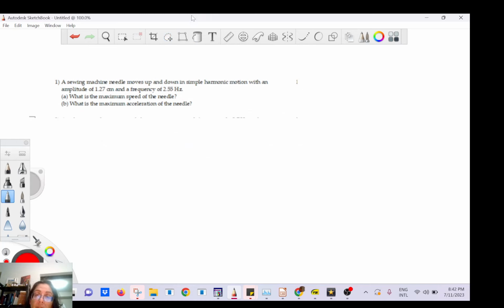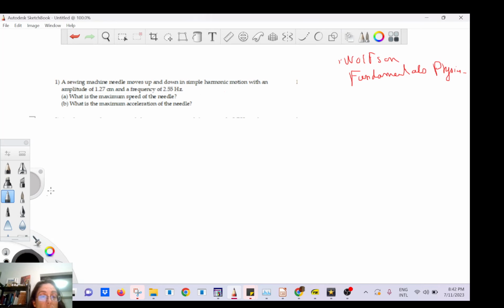It's a very thin book, and they have very good problems. Wolfson is the author, and the book is called Fundamental Physics. So that's where it comes from.